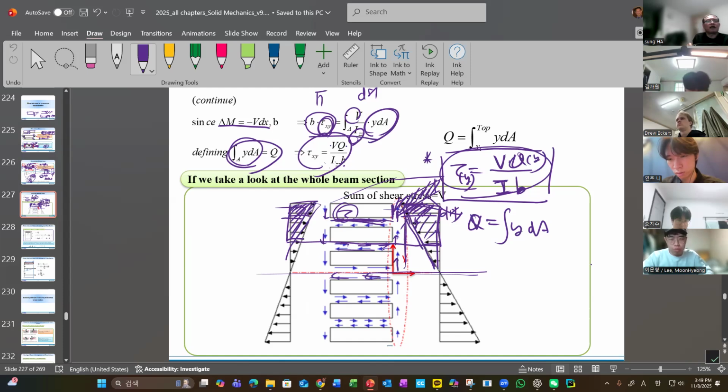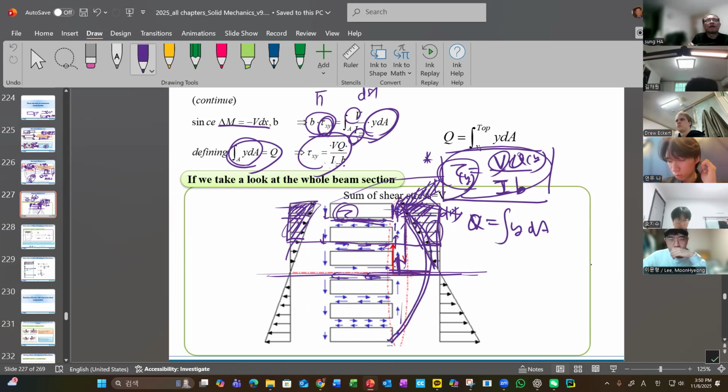So that is how we got this detailed shear stress caused by the V. To make the long story short, the maximum shear stress is the maximum difference between this force on the right-hand side and left-hand side. At the middle, this will be the maximum, and then gradually decrease. So shear stress-wise, it is always like this: at the middle is the maximum, and gradually decreases toward top and bottom.